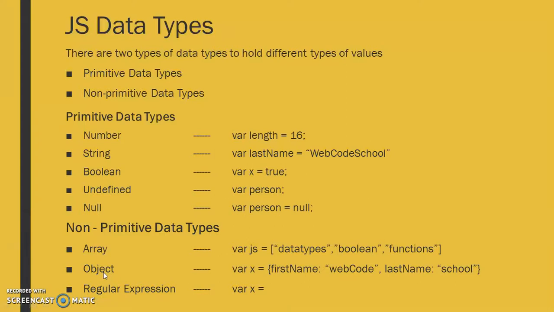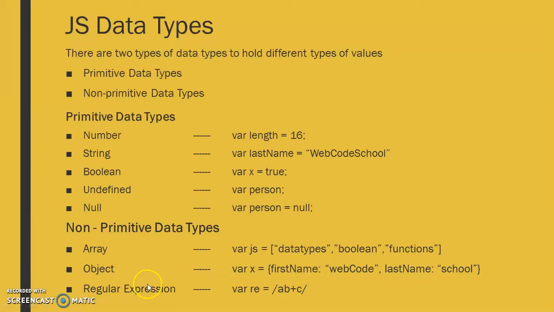First name says web code and last name says school. JavaScript is an object-based language. A JavaScript program can create and use objects of existing types provided for it, but cannot create new types of objects. Therefore, it's not an object-oriented programming language like Java.